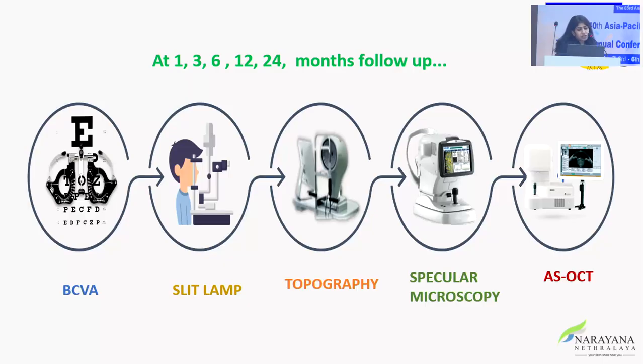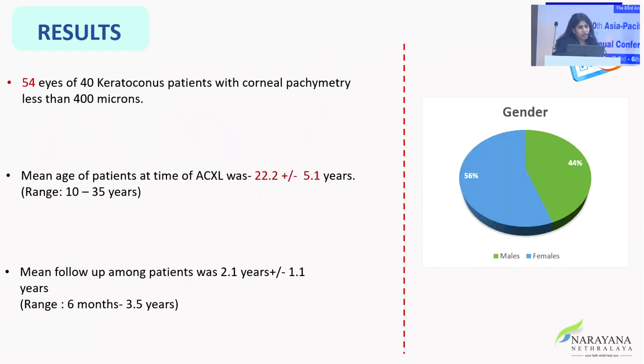At every follow-up, at 1, 3, 6, 12, and 24 months, best corrected visual acuity was done, along with slit lamp examination to look for any corneal scarring or haze, topography, specular microscopy for endothelial cell count, and ASOCT. Coming to our results, 54 eyes of 40 keratoconus patients with corneal pachymetry less than 400 microns were included.